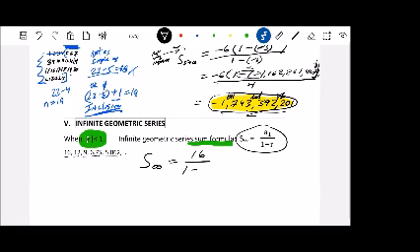Well, the ratio is A2 over A1, which is 12 over 16. 12 over 16 is 0.75. A3 over A2 is 9 over 12. That's also 0.75. And if you use your calculator to multiply each time, 9 times 0.75, you get this. Then 6.75 times 0.75, you get this.